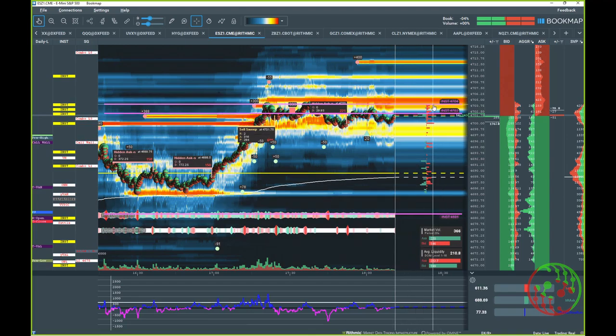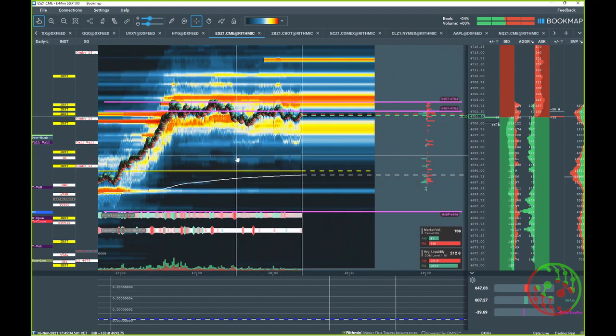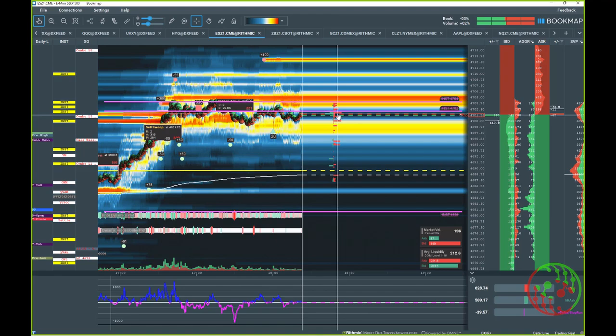You see on the red side, when you watch the profile, on the red side are icebergs on ask. On the left side are icebergs on bid, and that means when you see a profile like this one, that are simply more red bars than green bars, then this is a kind of resistance.